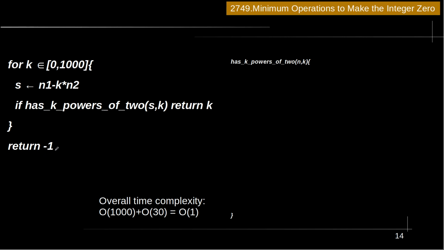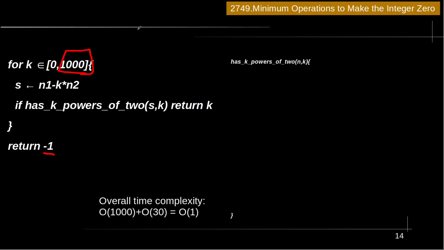Otherwise, if we end all these steps, we return minus 1. Maybe you ask why 1000 here. Just guessing here, guys. I don't know. I just say the number of steps, I chose 1000. It could be greater than 1000.